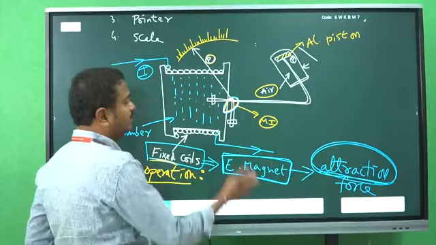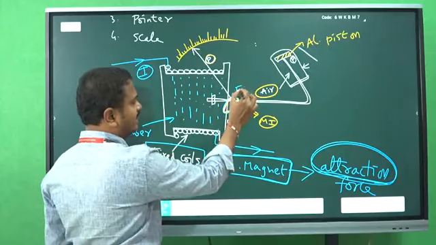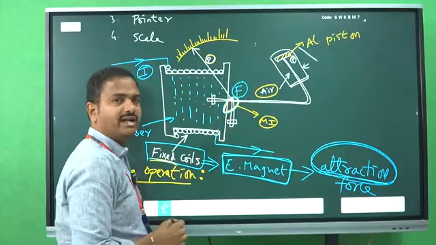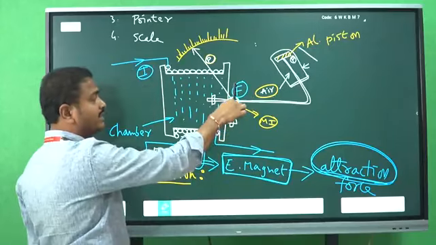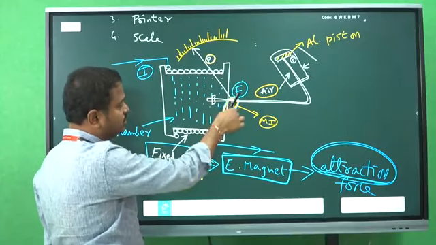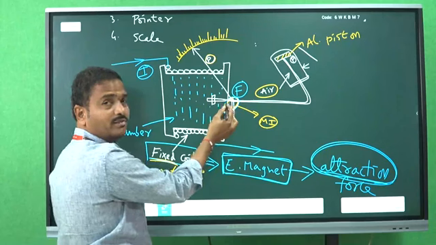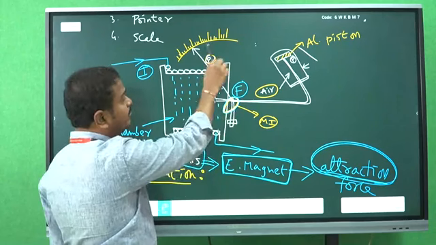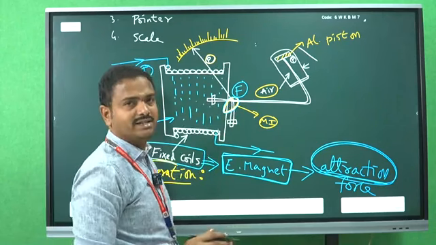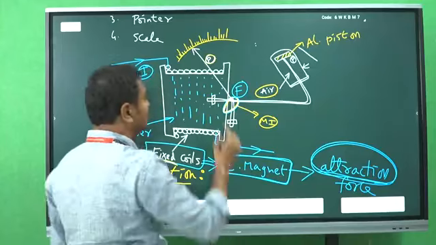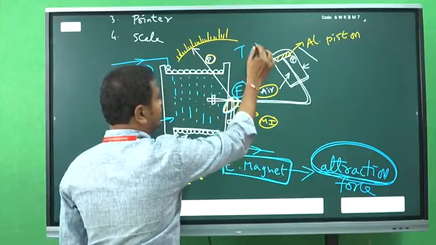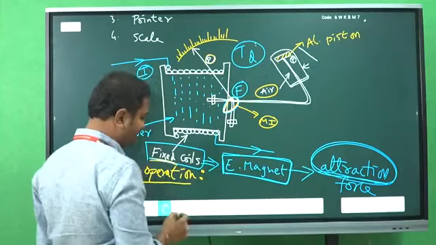Then the pointer connected to the moving iron piece moves on the scale to represent the value.